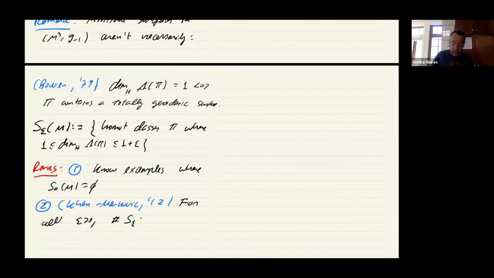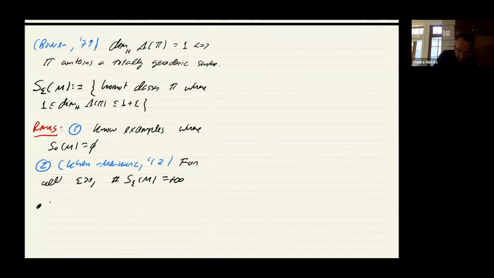Okay, so now having these ingredients, we can state the result. Given a homotopy class, we define the area of that homotopy class to be the area of the minimizer in the homotopy class. We define the area of pi to be the infimum of the area of sigma.